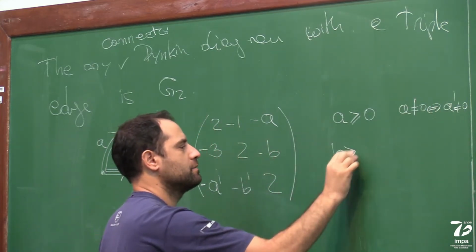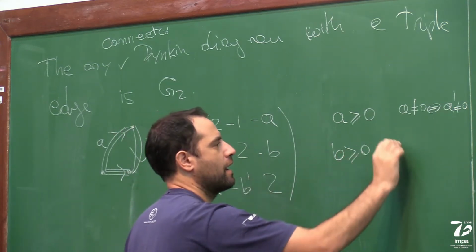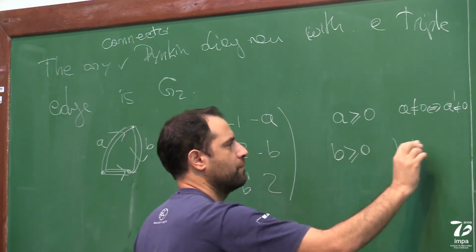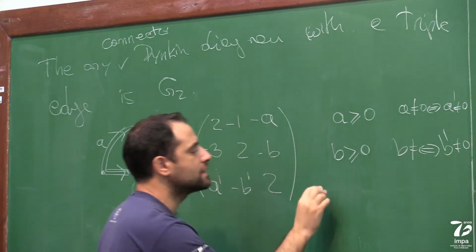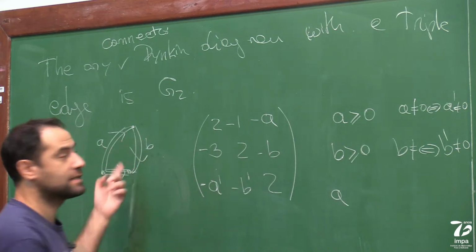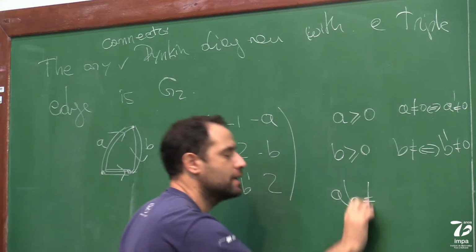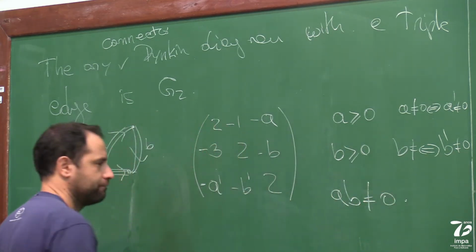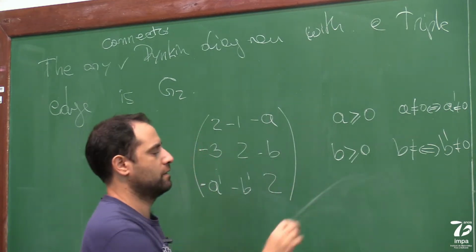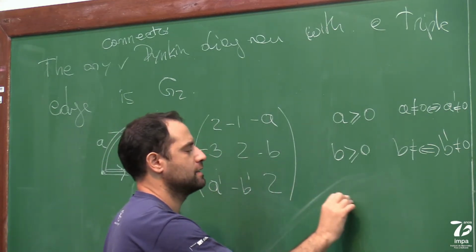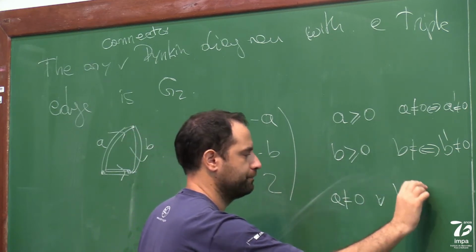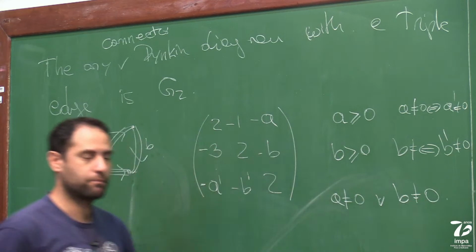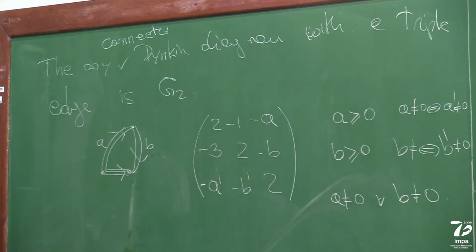And B is bigger or equal than 0. And if B is non-zero, then B prime is non-zero. And also, we are saying that this is connected, so either A is non-zero or B is non-zero, but both of them are not 0 at the same time.